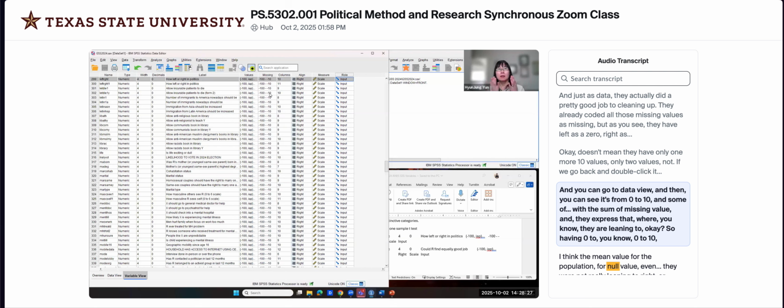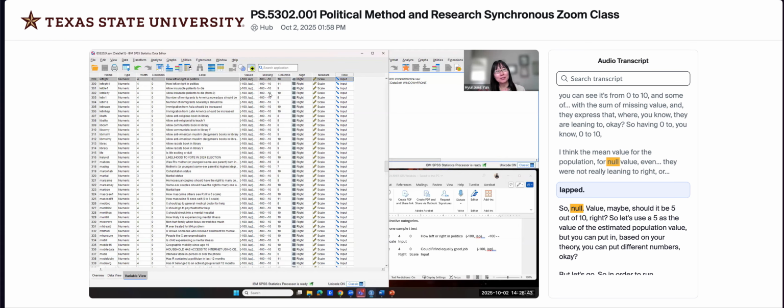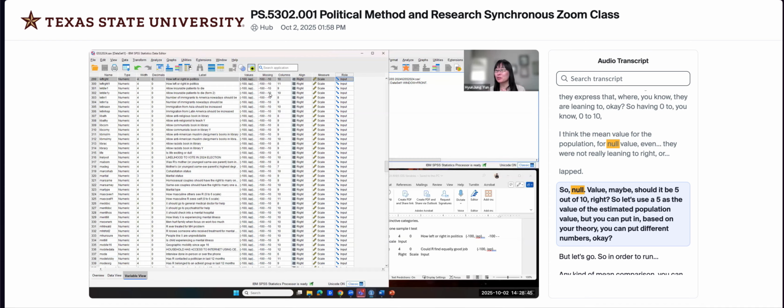So having 0 to 10, I think the mean value for the population for the null value, if people are not really leaning to right or left, should be 5 out of 10, right? So let's use 5 as the value of the estimated population value, but based on your theory, you can put in different numbers, okay?